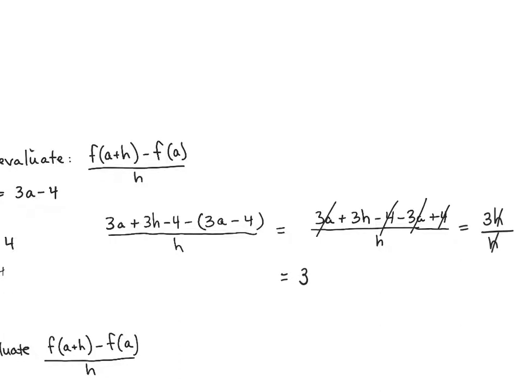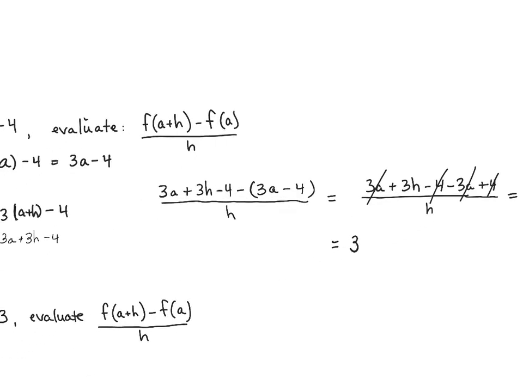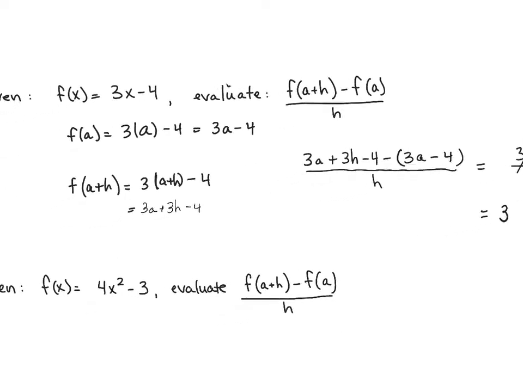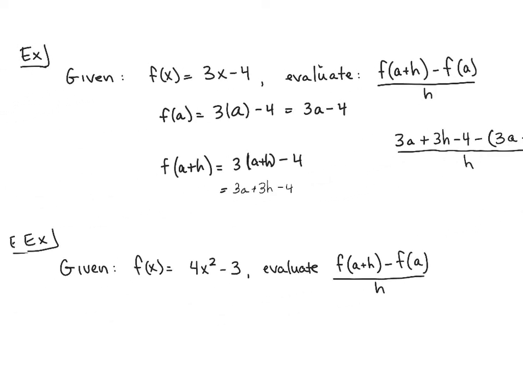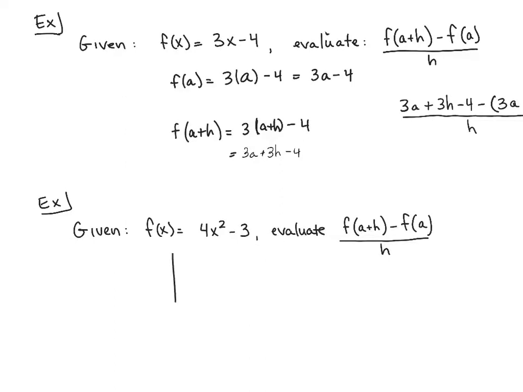Again, going back to the start of this problem, the function 3x minus 4 has a constant rate of change of 3, so we would assume that the difference quotient is always going to be 3 for this function. But looking at a different type of function, 4x squared minus 3, which is a quadratic function, it looks something like this.